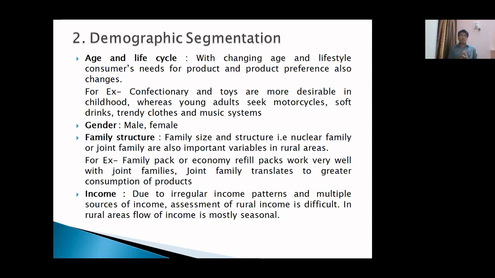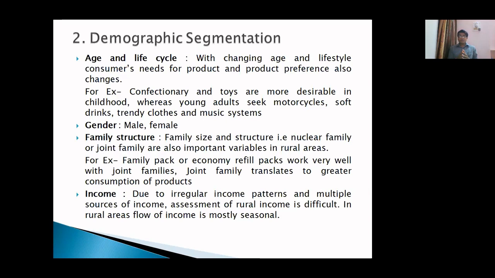Now the company has come up with exclusive creams for male, fairness cream for males, and exclusive fairness cream for females. And why this was being done by the company?